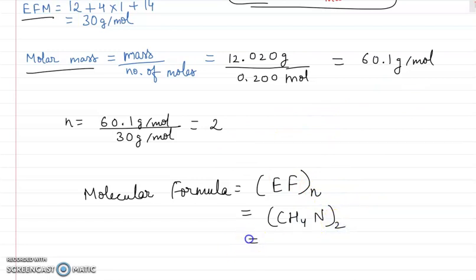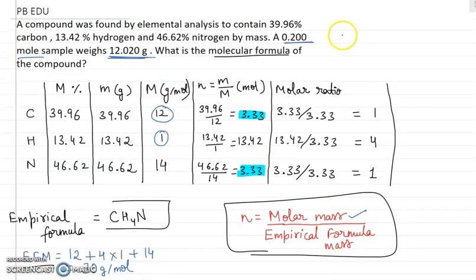So it would be multiplied here like C2H8N2. So we have the molecular formula, that is C2H8N2. And that's the answer for the given question. The molecular formula of the compound is C2H8N2.